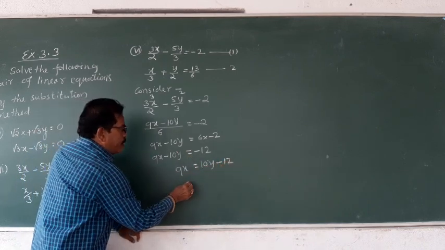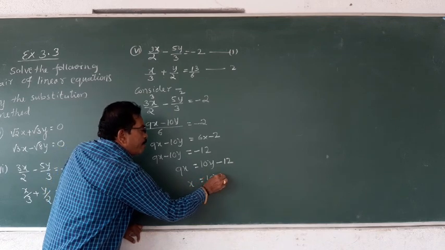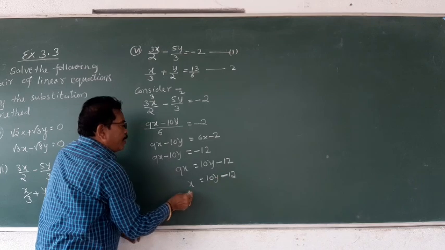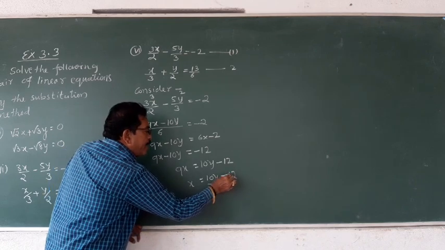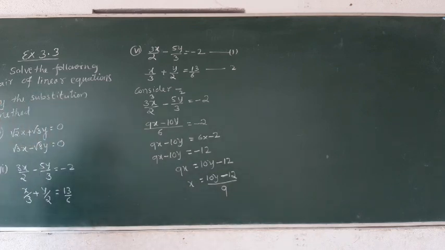So x equals to 10y minus 12 divided by 9.